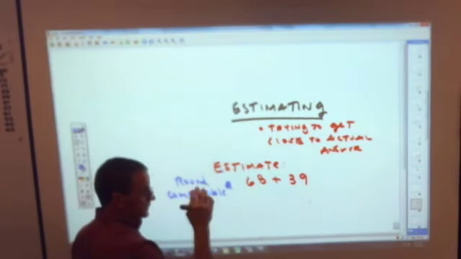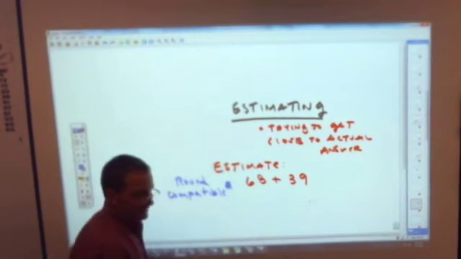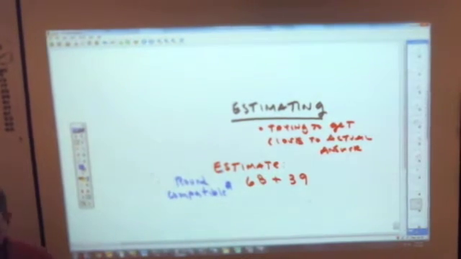What that means is take 68 and round it to a number that you find easy to work with, but that will also give you the closest to your real answer. Somebody might argue, well, I'm going to round 68 to 100. To which I might say, well, 100 is a long ways away from 68.